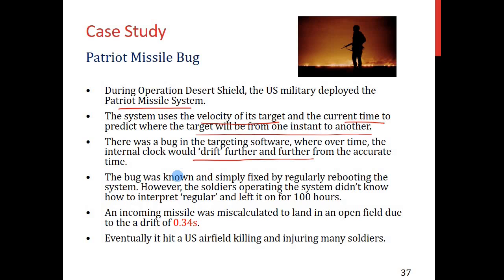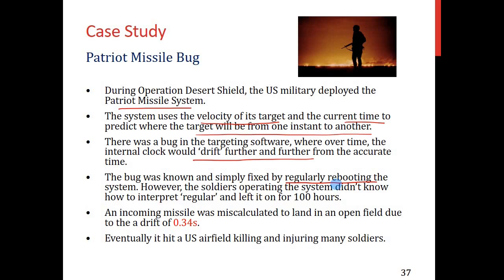Let's take for example, you have a digital watch, you may say every few months or even a year that it drifts slightly by a few minutes, you just readjust it back, you don't really bother about it too much, okay. But in this case what happened was the bug was known, okay, and what the developers sort of told the soldiers was all you need to do was to regularly reboot the system, okay, to make sure that you do not get affected by this drift.